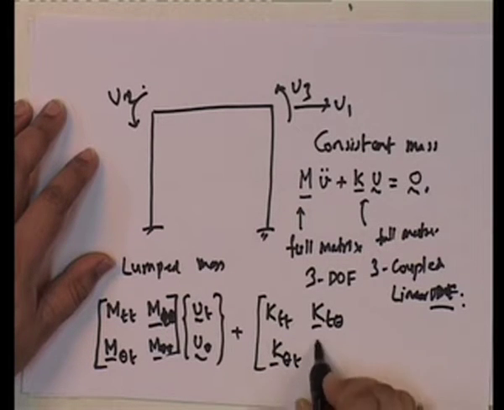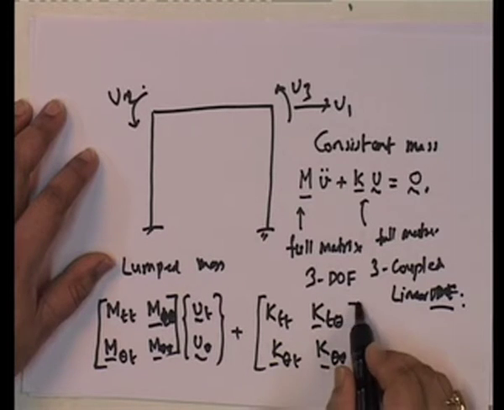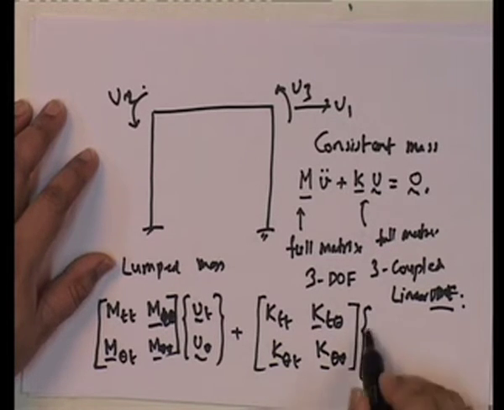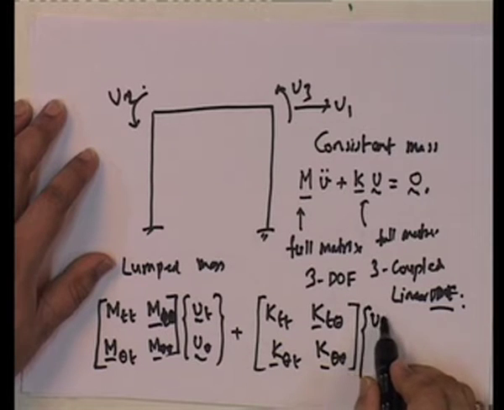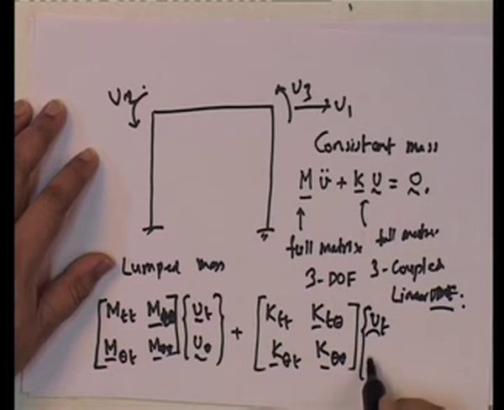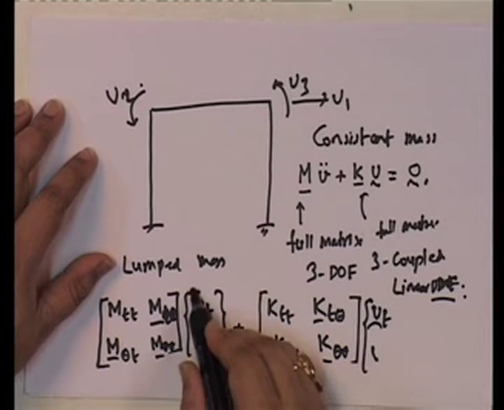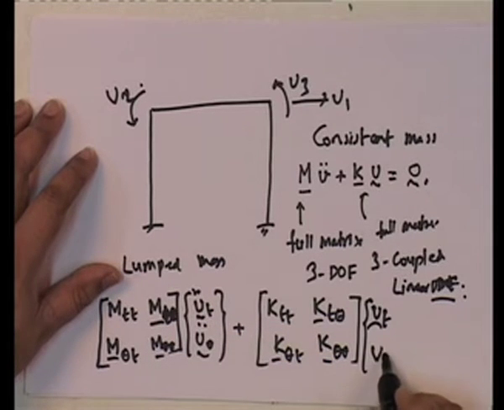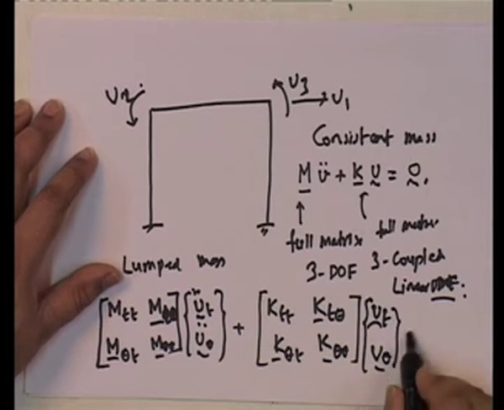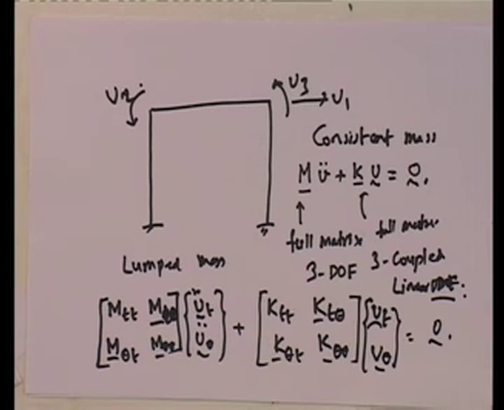These are matrices, these are actually vectors, and this one is a matrix, into V t. Sorry, this is acceleration. So V theta is equal to 0.